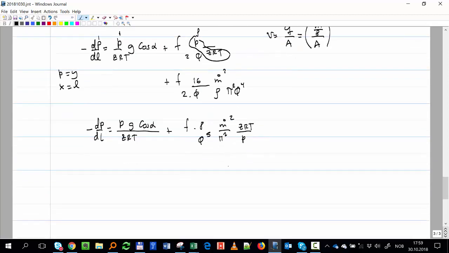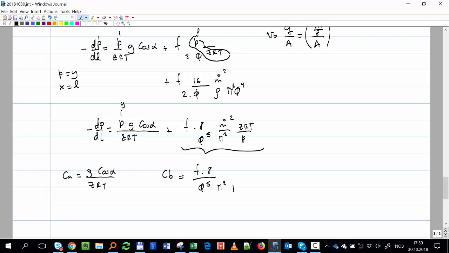Okay, so to make my life easy, I will say this is y, and this is in principle a constant. So I'm going to call these two constants. CA will be g cosine of alpha divided by ZRT, and CB will be f times 8, sorry, the P shouldn't be here, ZRT m squared.